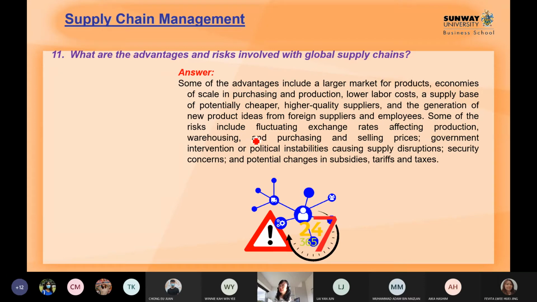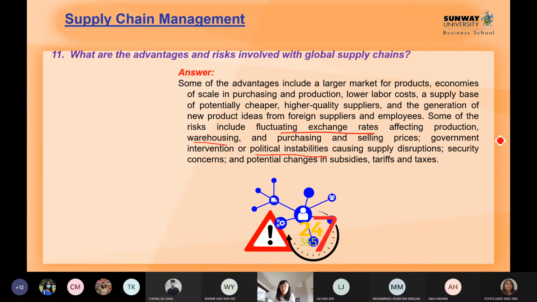Exchange rate in these 3 countries, communication between the employees, delay, natural hazard, warehousing issue, items stolen, right? Any potential political issue. What will happen in Vietnam? What will happen in China? And whether Singapore accepts Vietnam product or not.